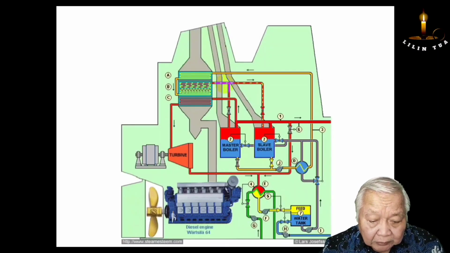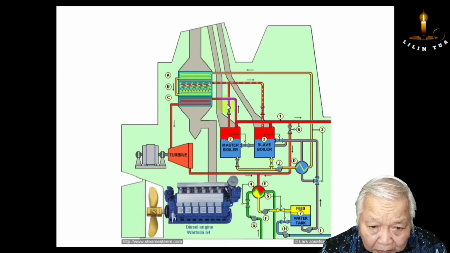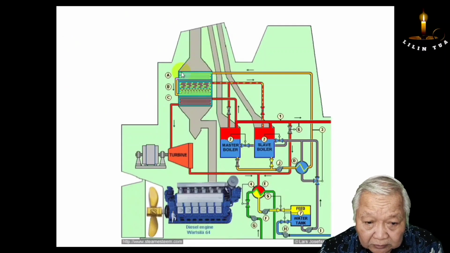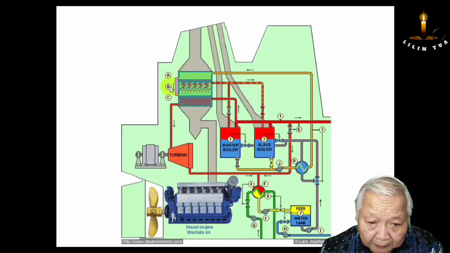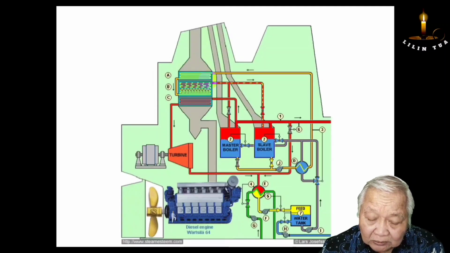In this picture, in the exhaust gas boiler, you can see three kinds of coil: coil A, coil B, and coil C. Coil B is an evaporator. Coil B is the evaporator coil that functions to evaporate the hot water produced by coil A, the economizer.